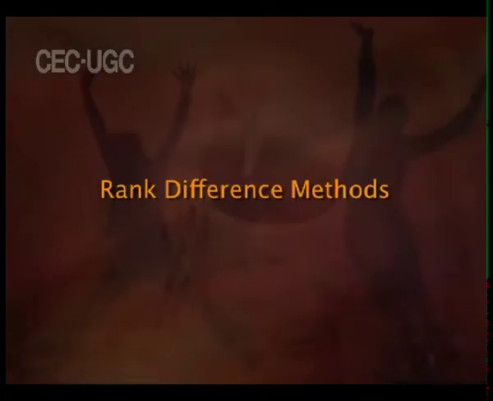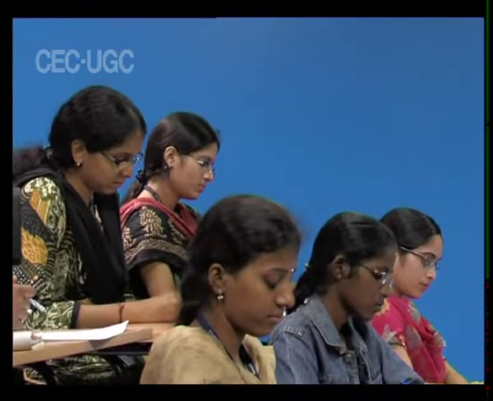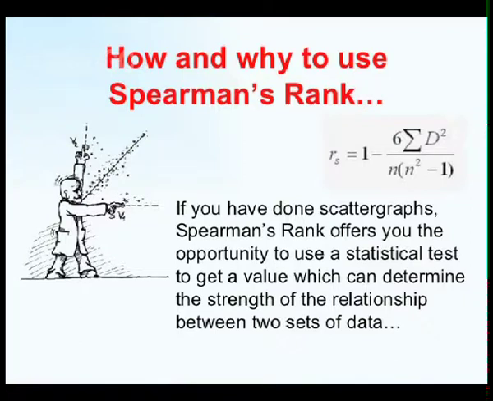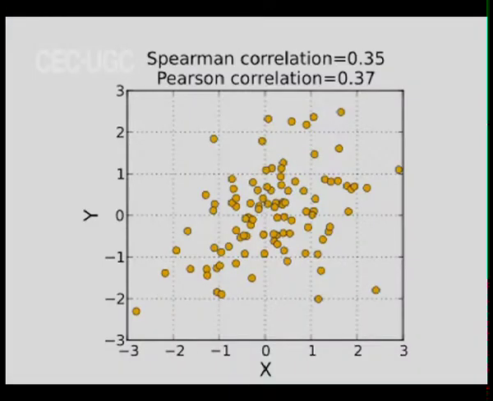Often this test is used to see the various ranks given by different experimenters or different observers to a particular situation. A third type of non-parametric statistic we are understanding today is the rank difference method, and it includes 2 methods, that is the Spearman's rank difference method and the Kendall's rank difference method. Rank difference methods are non-parametric statistics which try to find whether there is a significant correlation between 2 sets of ranks, and data has to be either presented in terms of ranks or converted into rank form before they can be used.